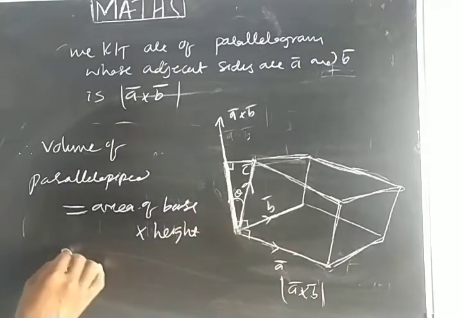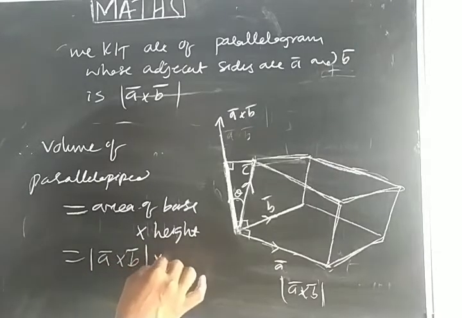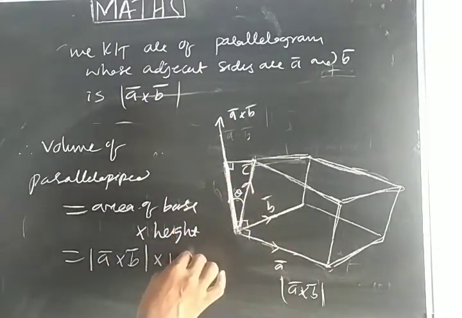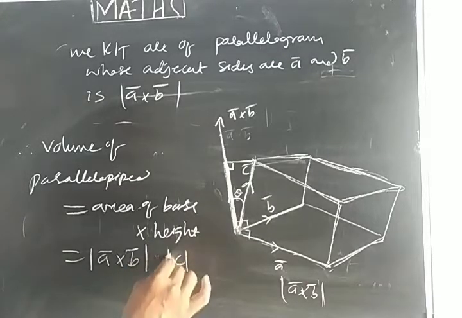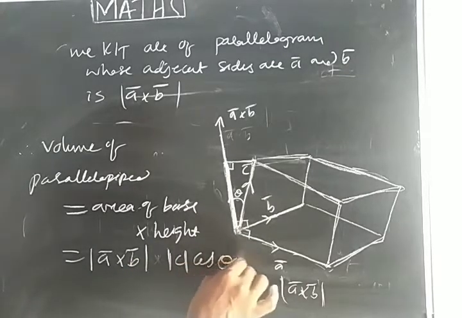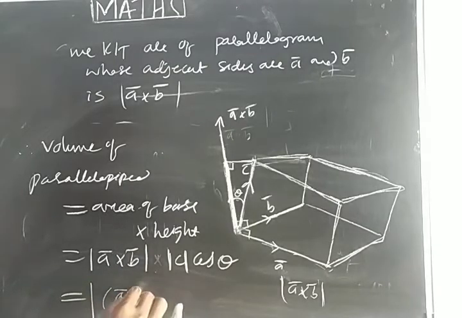What is the area of the base here? Mod A bar cross B bar. And what is the height? What we got: mod C into cos theta, not a cross product, a normal product. Can we write this as mod of A cross B bar dot C bar?